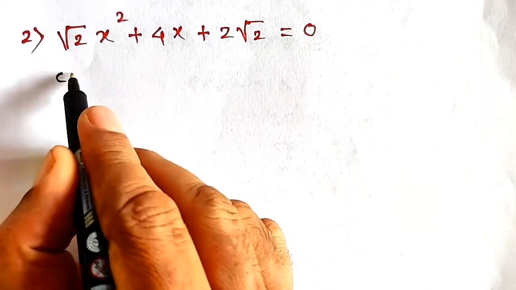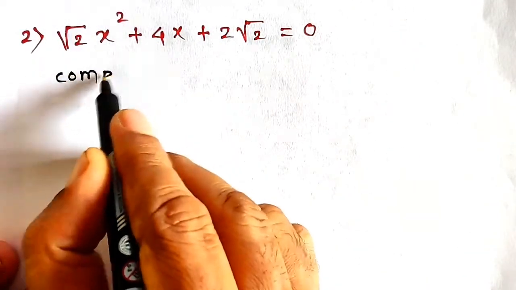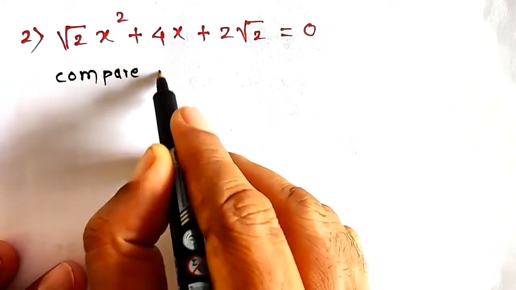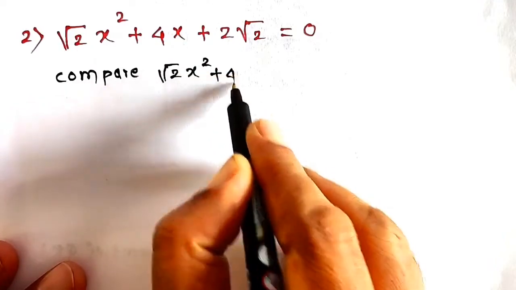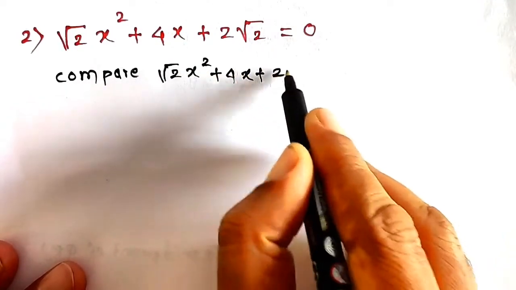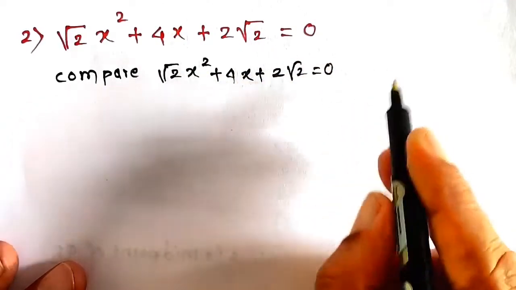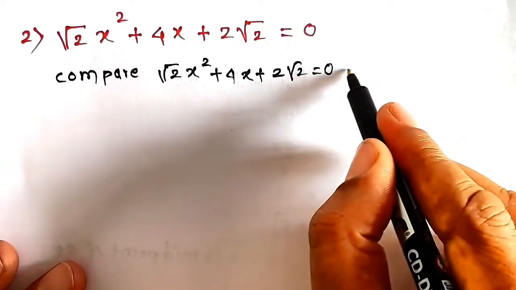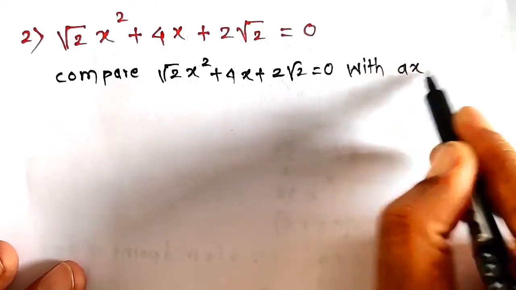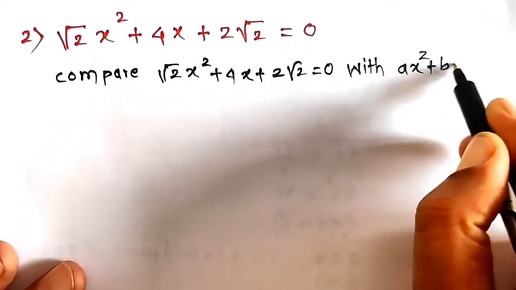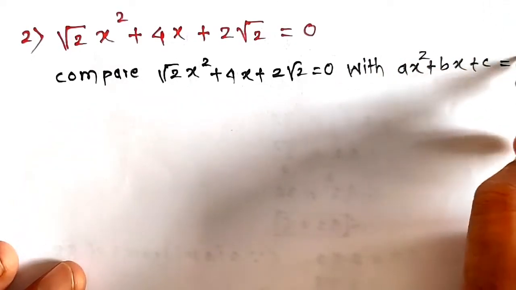Now compare this with ax square plus bx plus c is equal to 0.